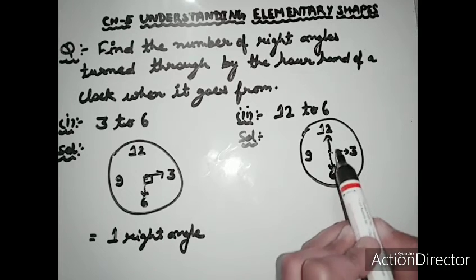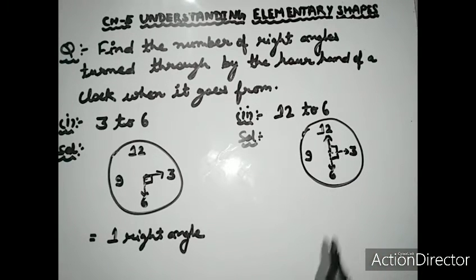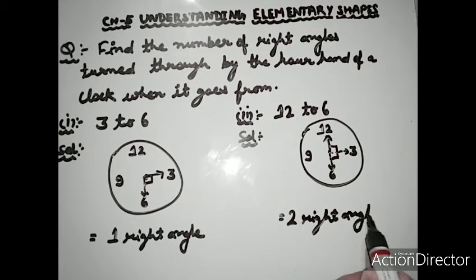So there are a total of 2 90-degree angles here. So here we write 2 right angles. Here when the hour hand moves from 12 to 6, it forms a total of 2 right angles. So by using this method, you can also find the total number of right angles when the hour hand moves from one position to another position.